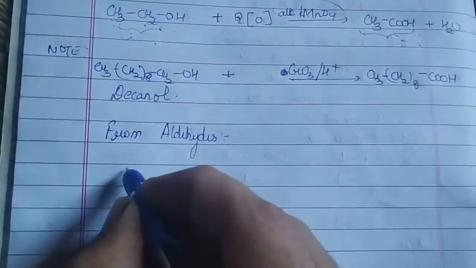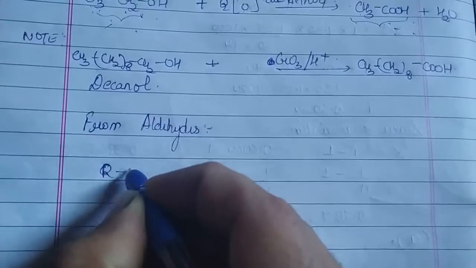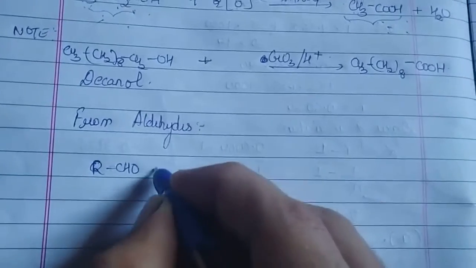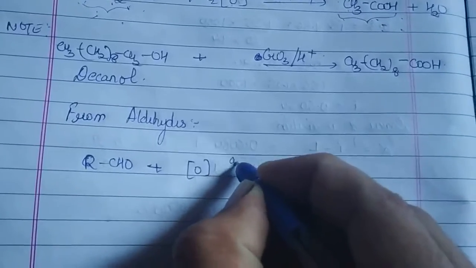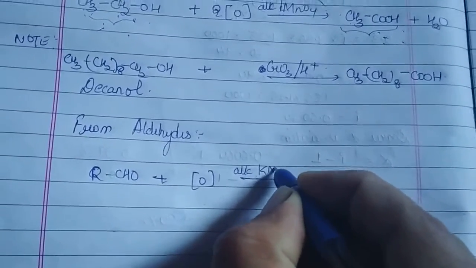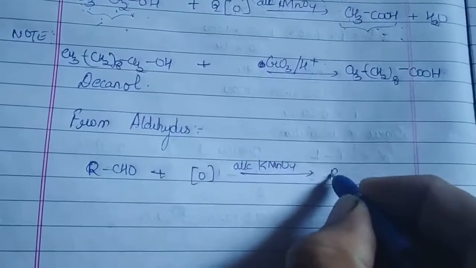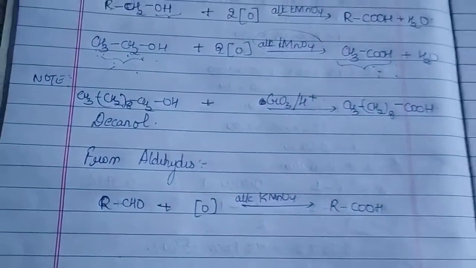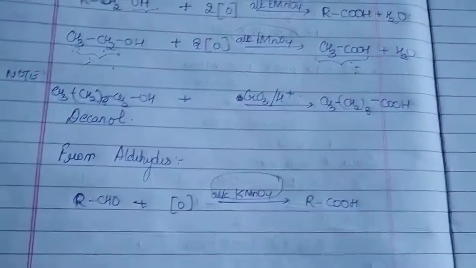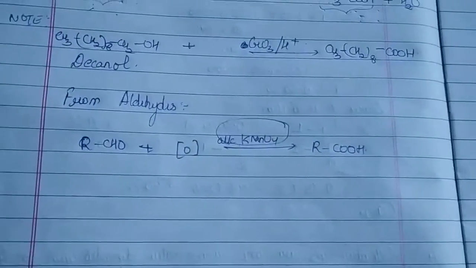So let us have one example for this. First of all, I would choose a general reaction where your aldehyde is oxidized in the presence of alkaline KMnO4. Here you will get RCOOH. Of course, here also I have used alkaline KMnO4, but there is no need to use the same thing.